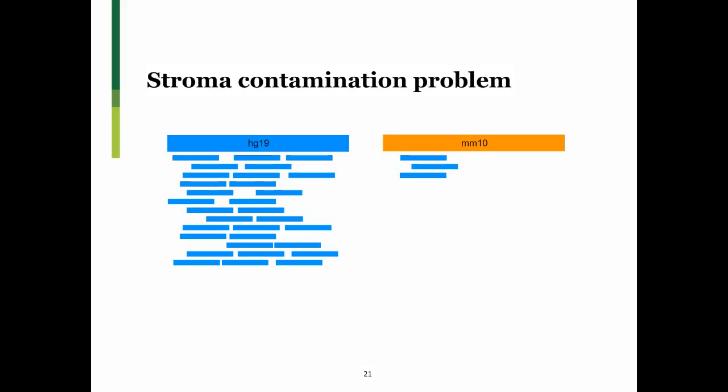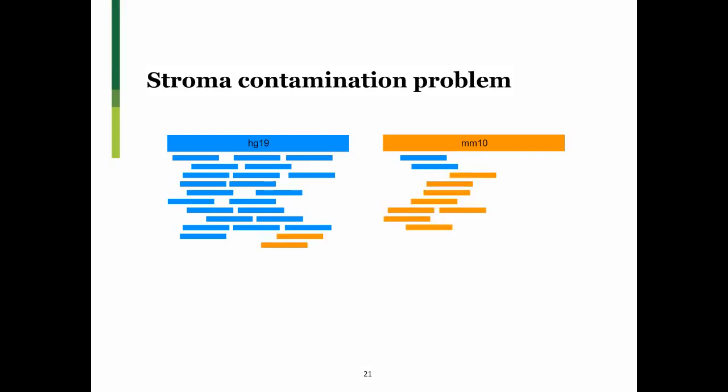But I think what happens when you replace a portion of those human reads with some contaminating mouse reads is you have the converse. So some of those reads never align to the human genome, and some of those reads will align better to the human genome than they do to the mouse. And this results in really two complications.